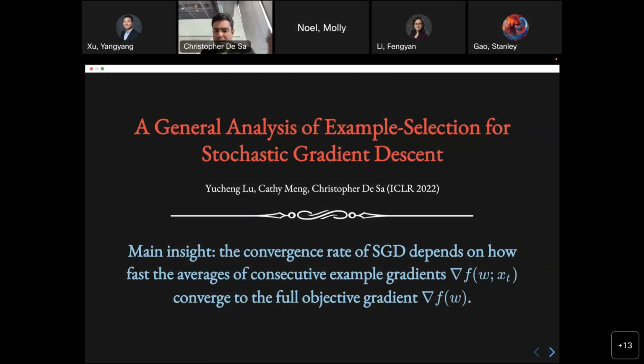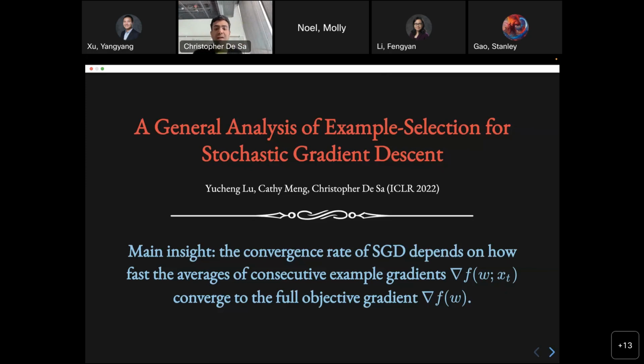And the main insight is that what it is about random reshuffled example ordering that makes stochastic gradient descent converge fast on these example orderings is that for random reshuffling, averages of consecutive example gradients converge to the full objective gradient faster than for independent with-replacement sampling.